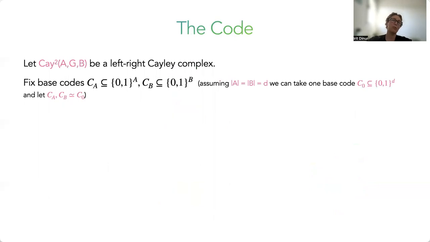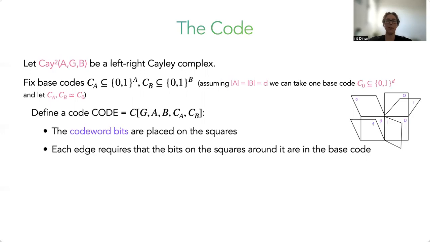And if I assume, for example, that A and B can even be the same set for simplicity, I can take A equals B, and I'll take just CA and CB to both equal some specific base code C0. And now I can define my code to be all the strings, all the functions that give a bit to every square. So I put bits on the squares.